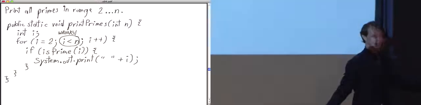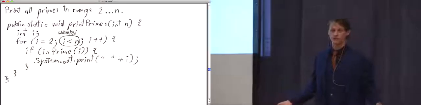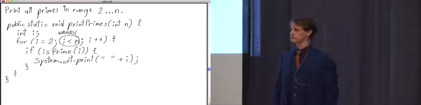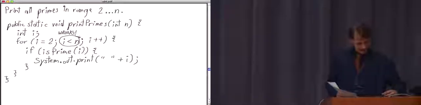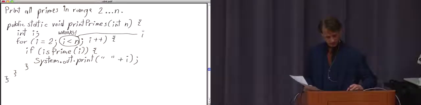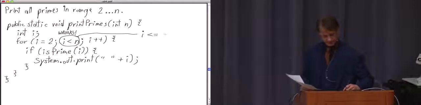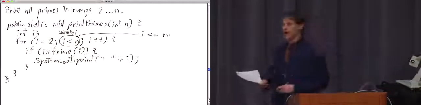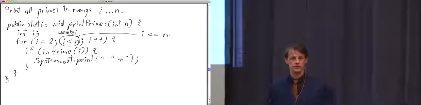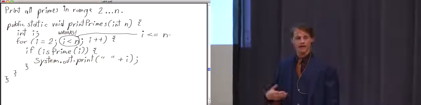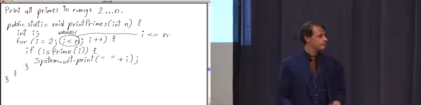It's just going to stop right there, and if n is a prime, we'll never find out. So that is wrong, and the correct thing to do is to use the conditional i less than or equal to n, and that makes sure that we include a loop iteration for n and find out whether or not n is prime.